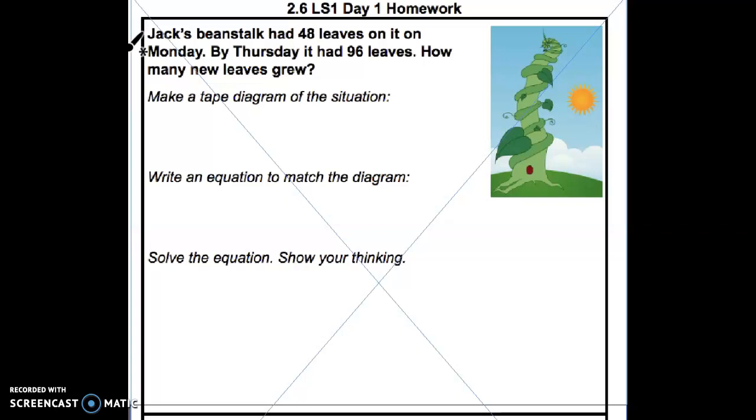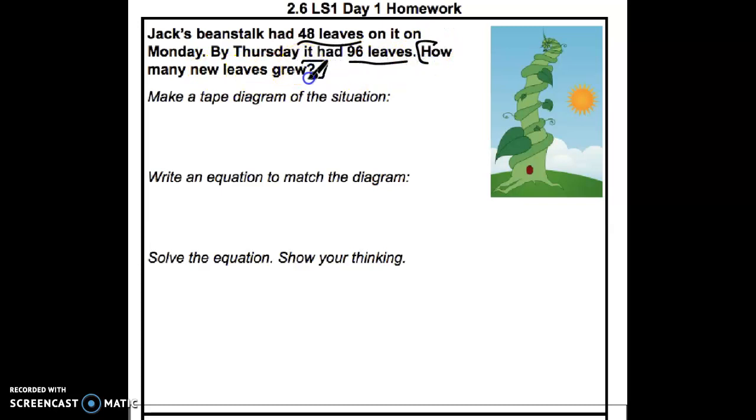That's our first read. Let's go back and underline the information as we are reading along. Jack's beanstalk had 48 leaves on it on Monday. By Thursday, it had 96 leaves. How many new leaves grew? That's our question.